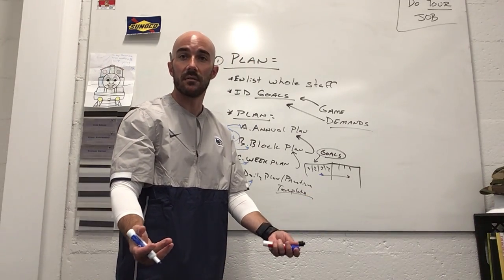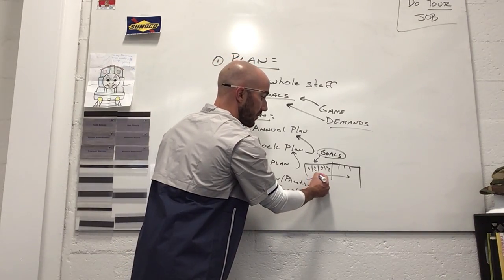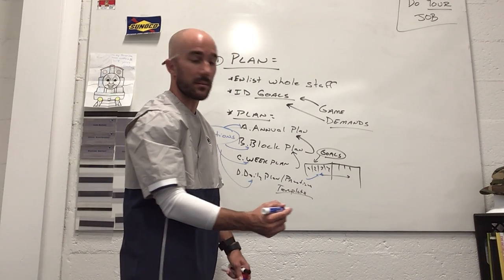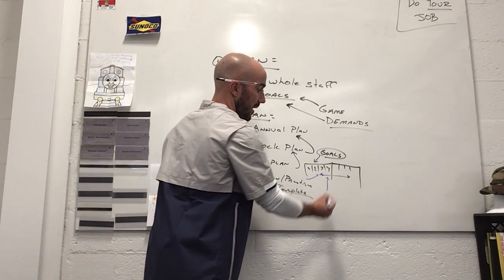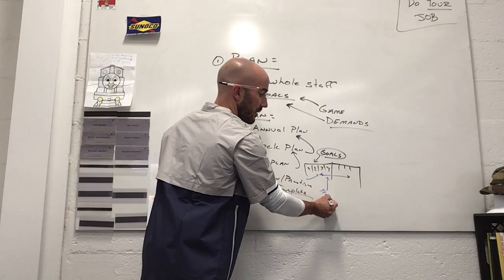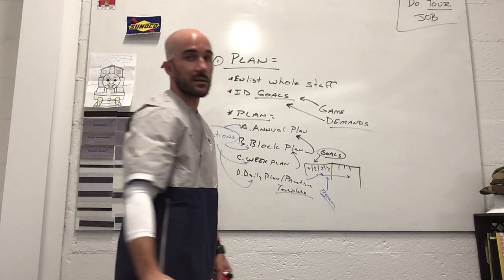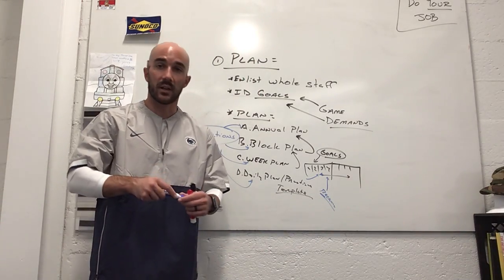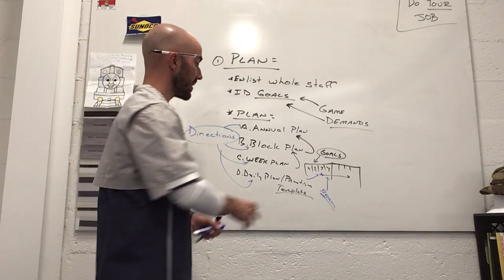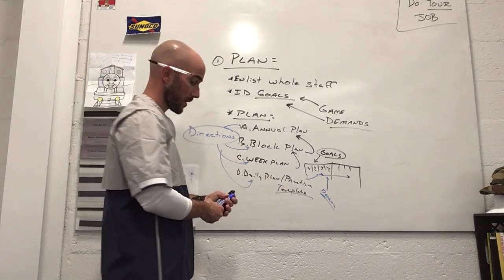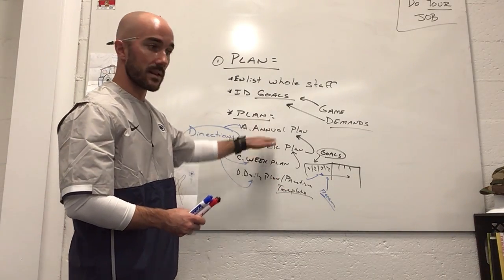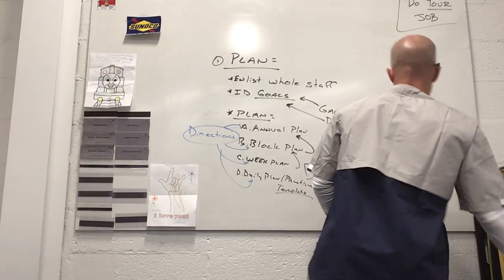That's really going to guide everything I do, because I know on the front end I need to ramp up and make sure they're ready to handle that demand, and on the back side I need to provide ample recovery. That could be nutrition, that could be time, that could be motivation, okay? But everything is complementary. We'll go next to the idea of an annual plan, and we'll break this down.